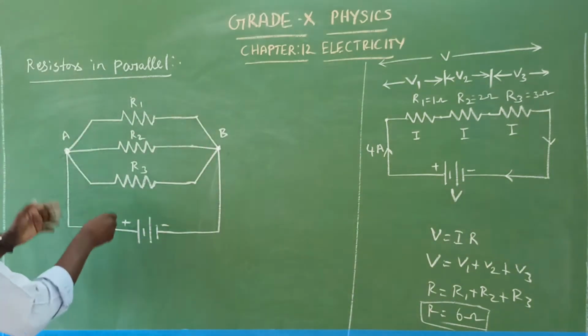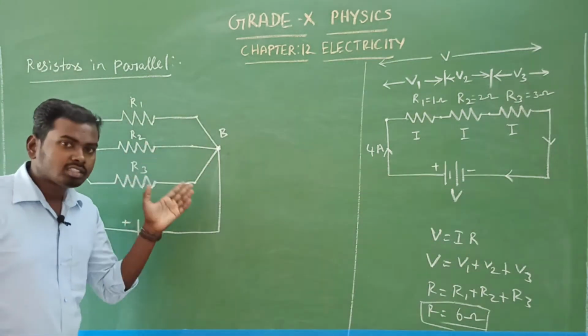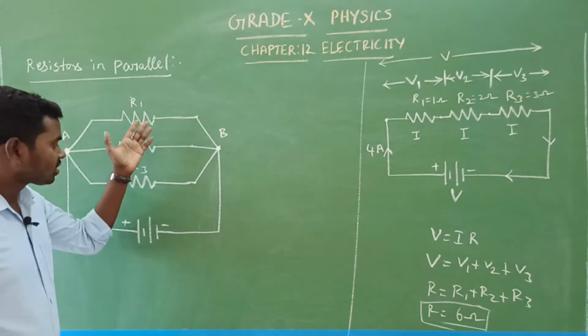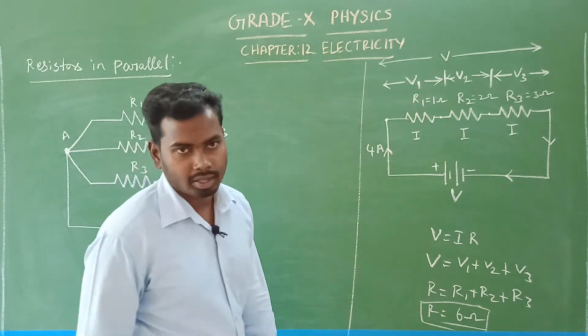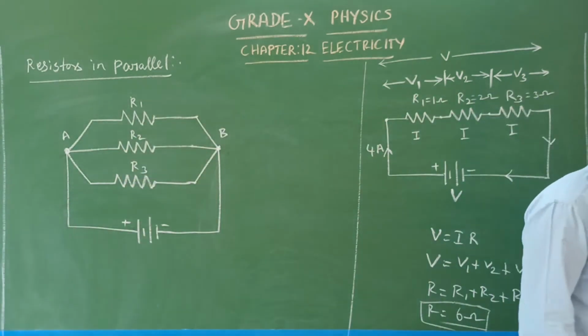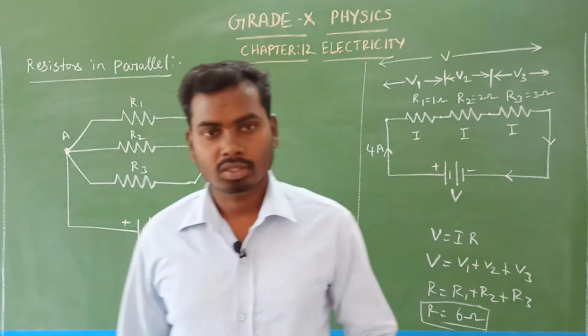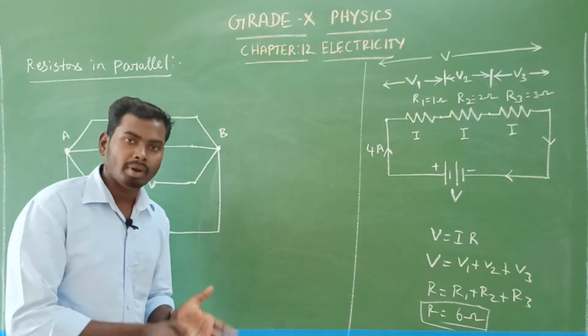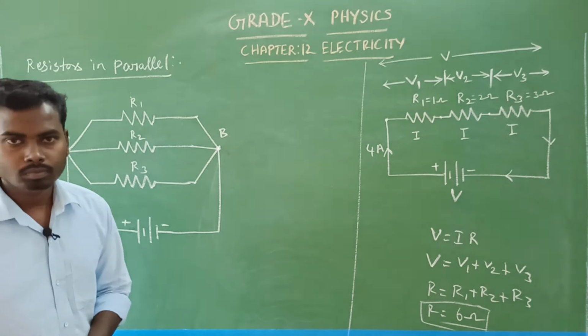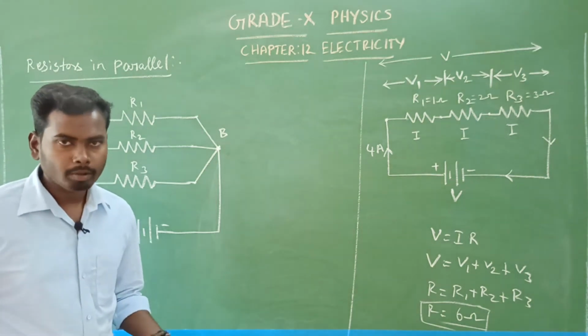But in parallel, all the resistors are directly connected between the two terminals of the battery. Is it clear, students? Yes. So this combination is said to be in parallel. That's all. Okay, it's very easy.